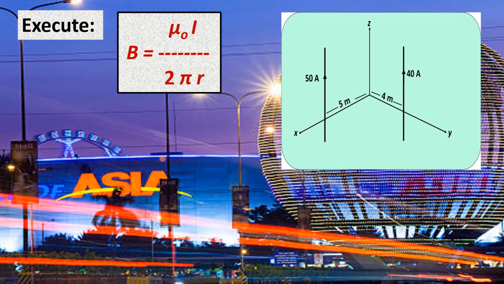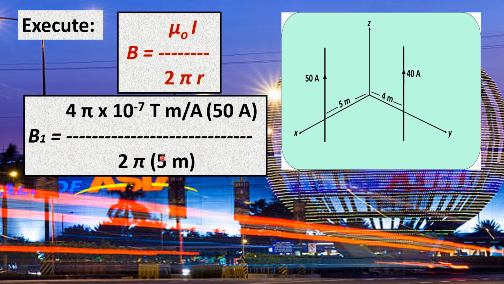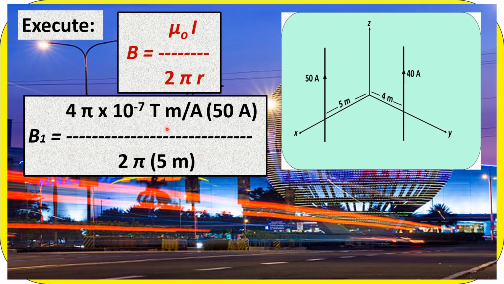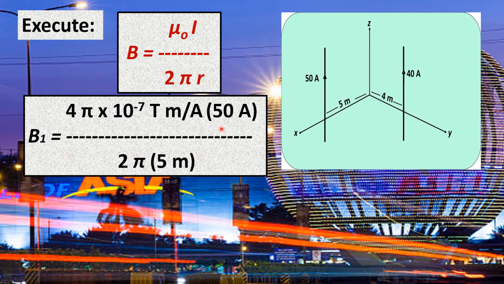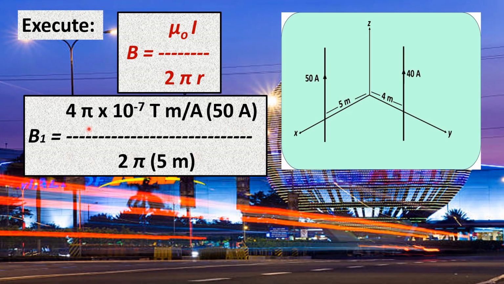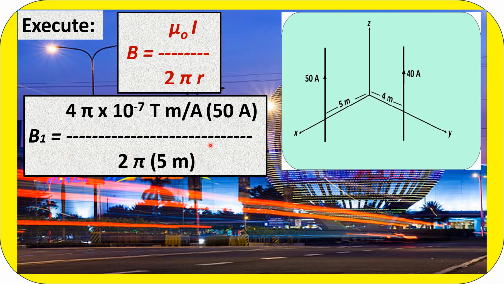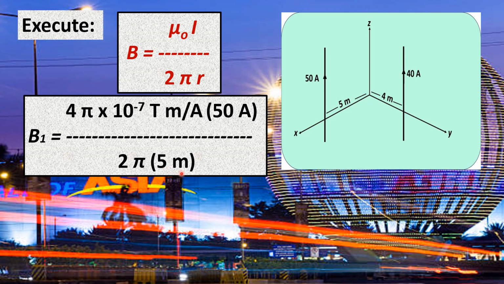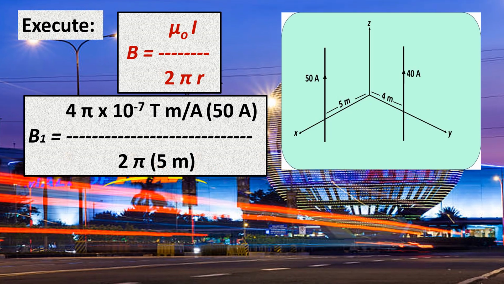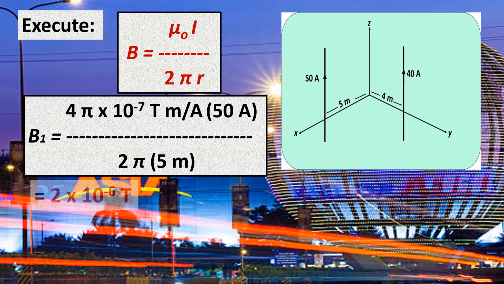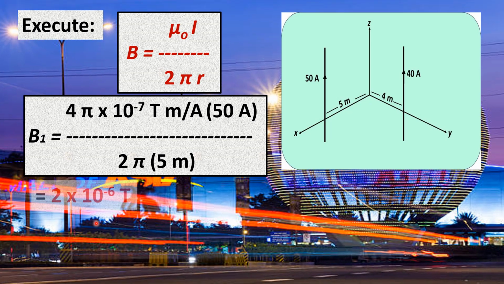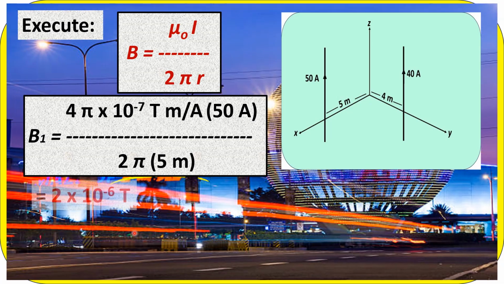So magnetic field B1 is just equal to 4 pi times 10 to the negative 7 Tesla meter per ampere multiplied by the current in wire 1, 50 amperes, all over the product of 2 pi and the radial distance, R1, which is 5 meters. So doing our math, we will get the magnitude of B1 equal to 2 times 10 to the negative 6 Tesla, in one significant figure.